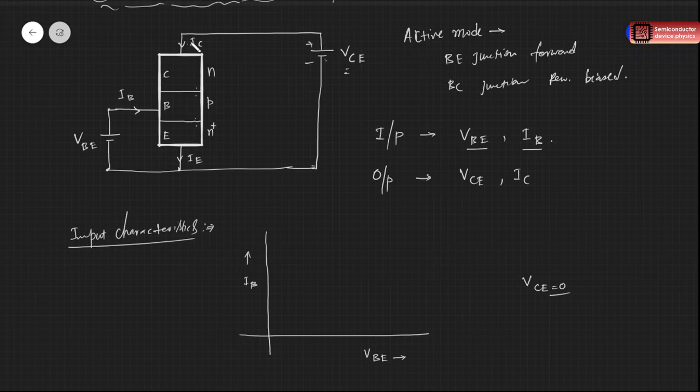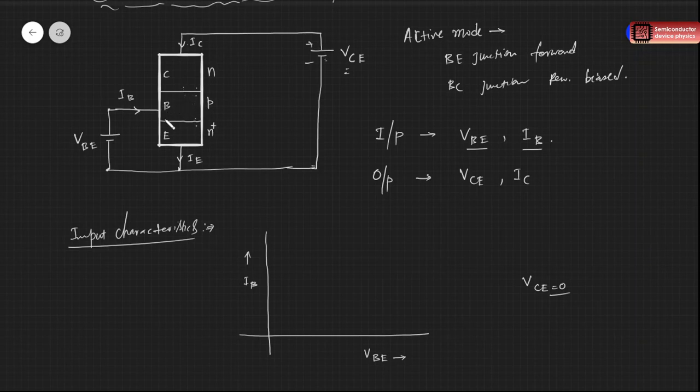You can imagine that the collector terminal is open, or you can short these two terminals, it doesn't matter. As if this base-collector junction is not biased, so there is no effective potential across this junction.